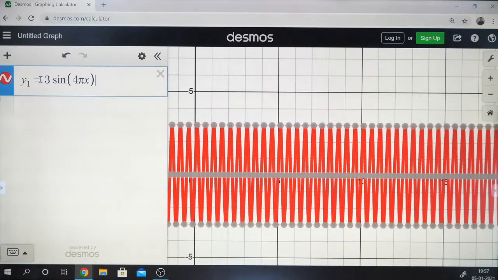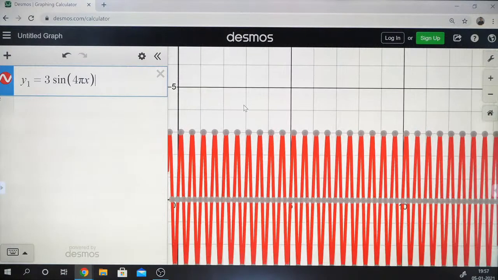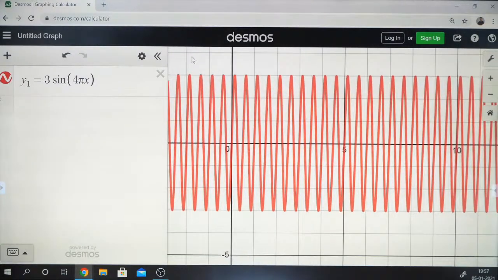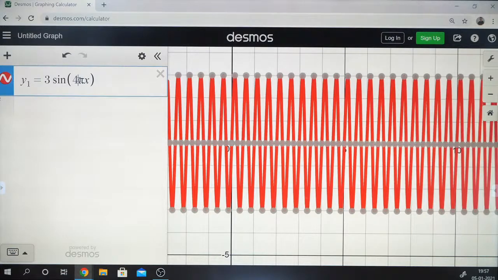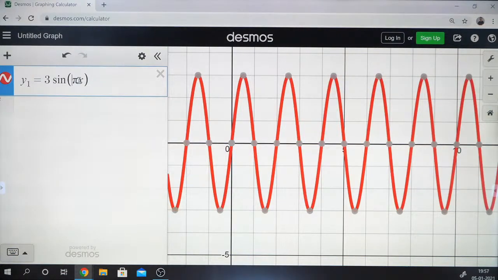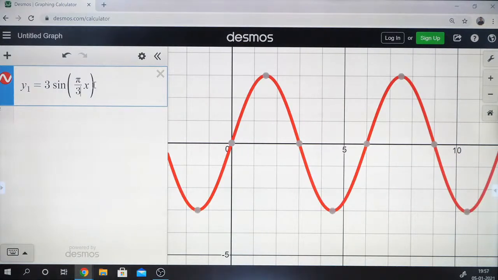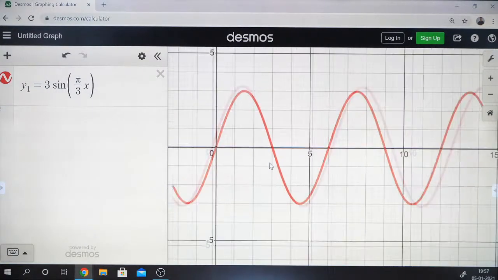So this is my x-axis. You can see this is the graph of a sine curve, as simple as that. I can change this value and you will see the wavelength will also change accordingly. So I can make it like pi by 3 and stuff like that. This is what you will get.